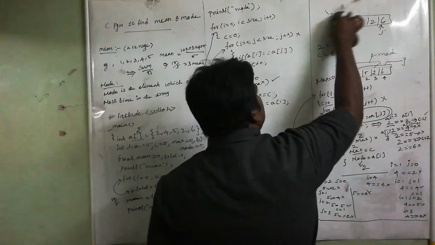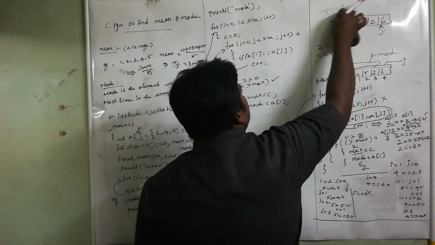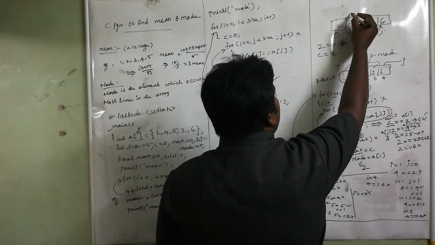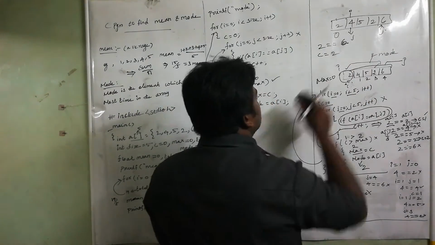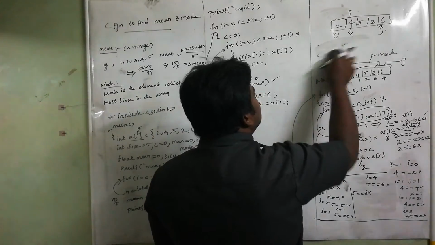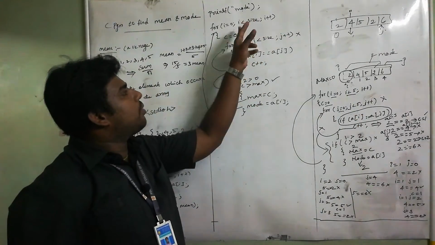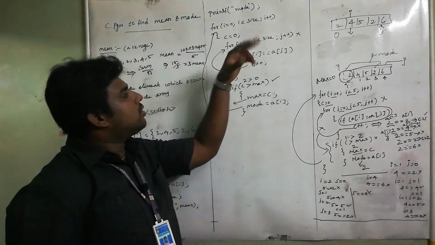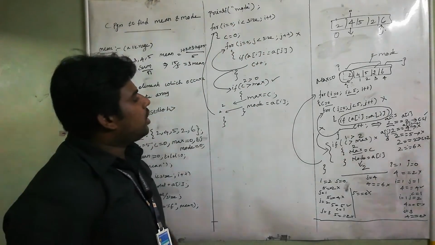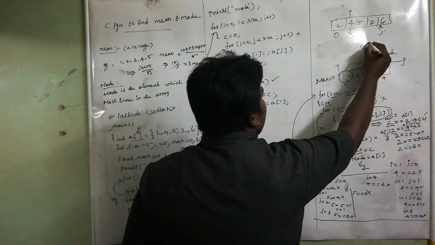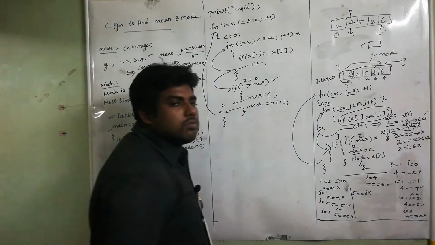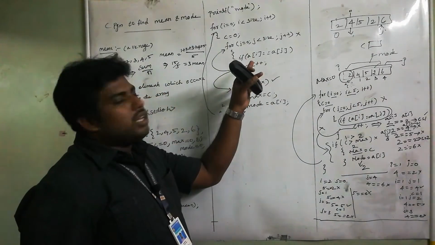Now listen carefully. Now this is I. I equal to 1, incremented. Again counter C is 0. J value is 0.